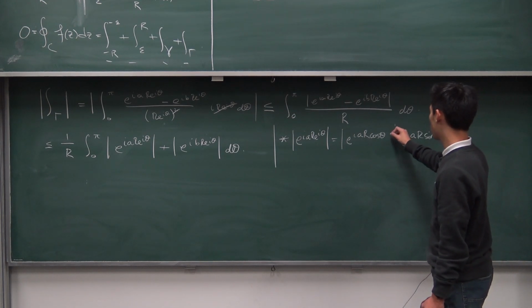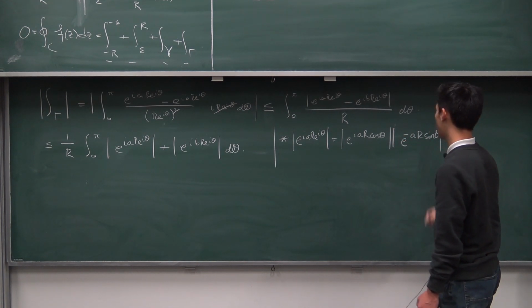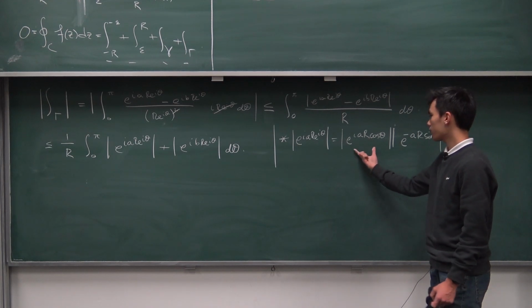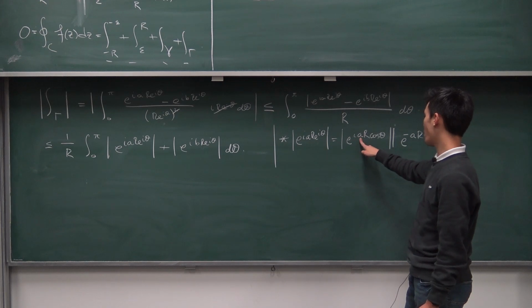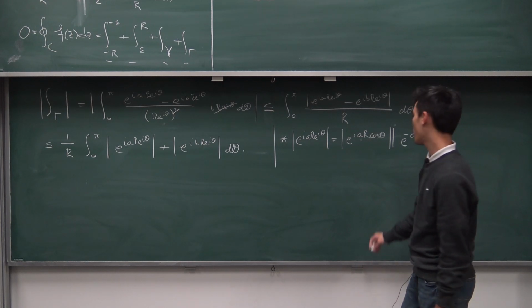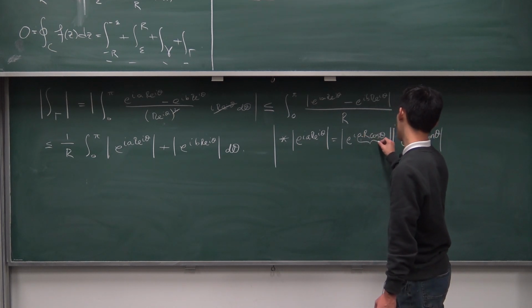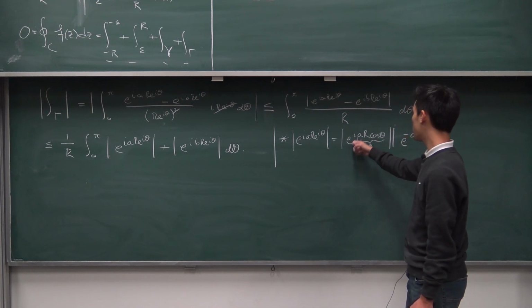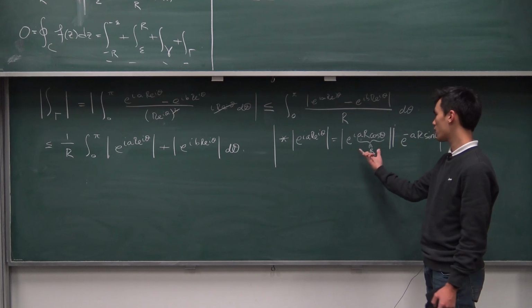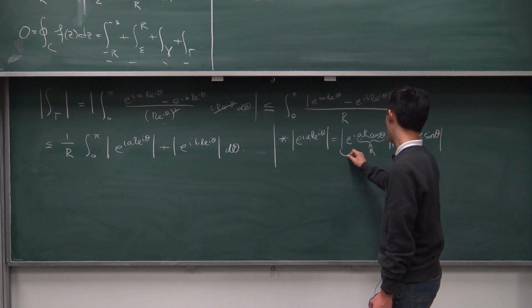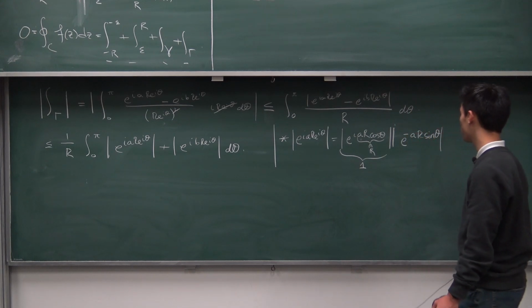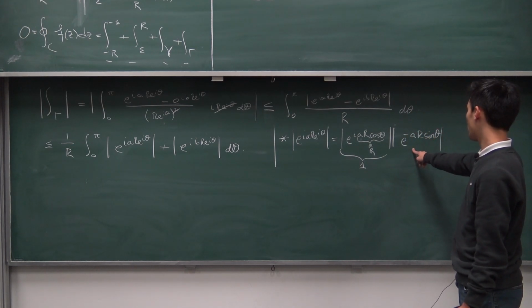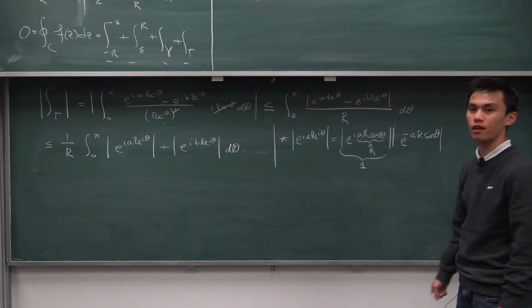So there's two exponentials, we can split it up into their own little absolute values. Now, notice this one over here, we have e to the i times a r cosine of theta. Now a r cosine of theta is a real number. So if you have e to the i times a real number inside of absolute values, then the whole thing is just equal to 1, because you're on the unit circle, which leaves you with e to the negative a r sine theta.